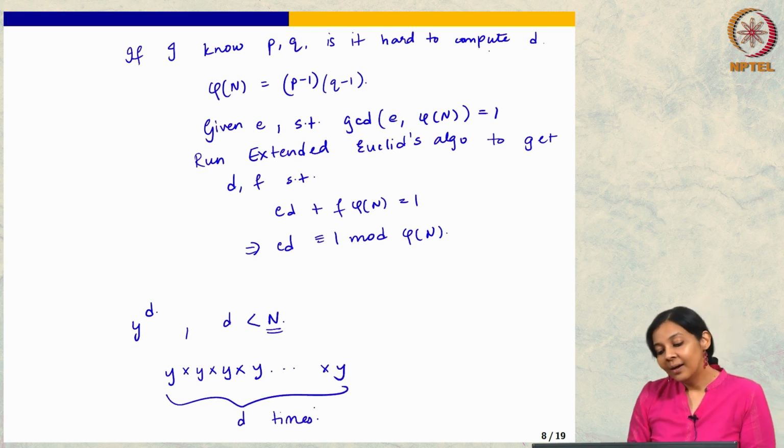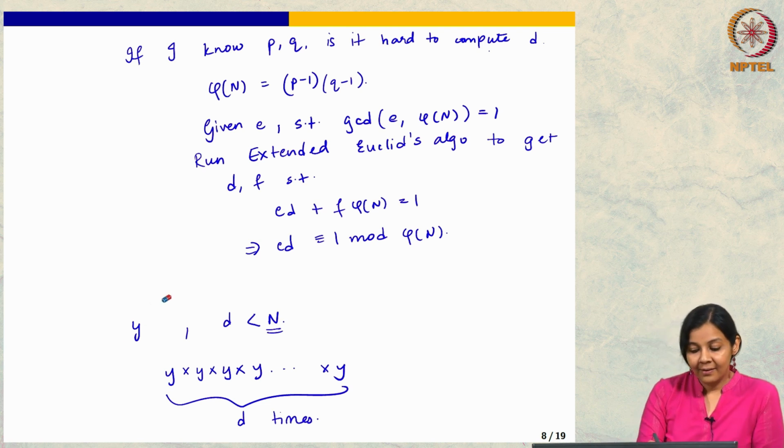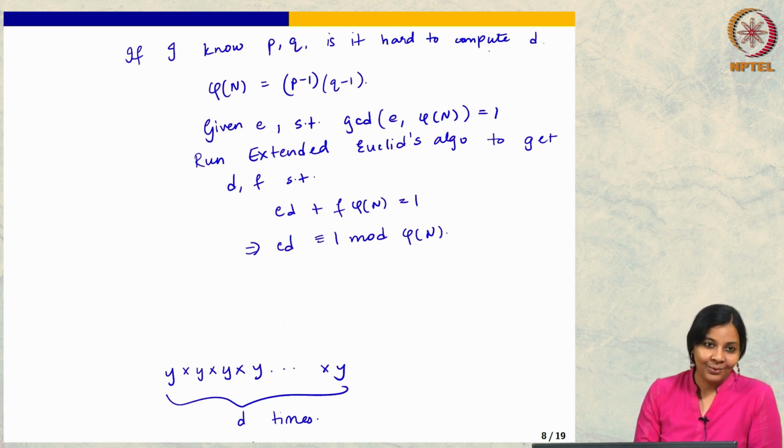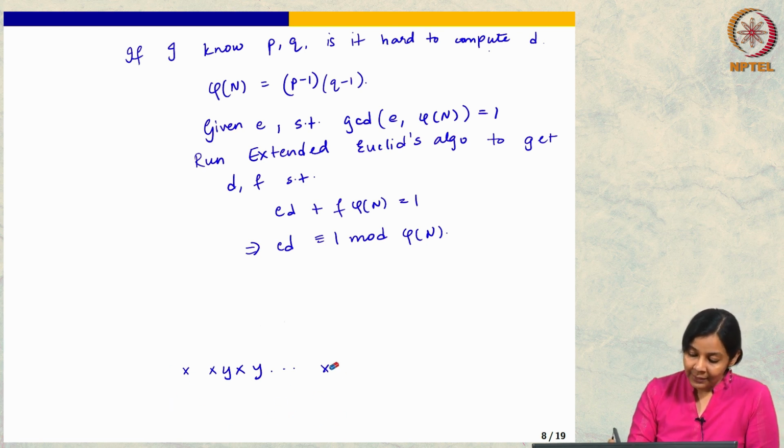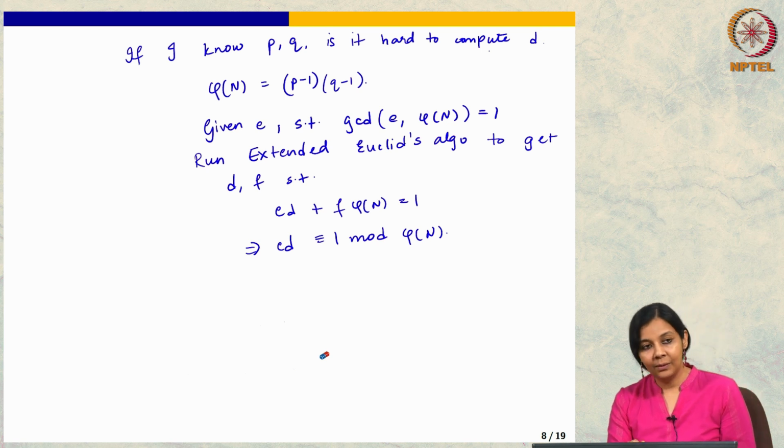Okay, so I will leave this as an exercise. Of course, you can do it efficiently, you do not have to do it like that. If you were needing to do it like that, you would really be in trouble, but you do not need to do it like that.